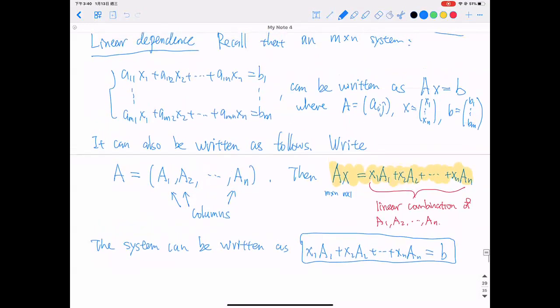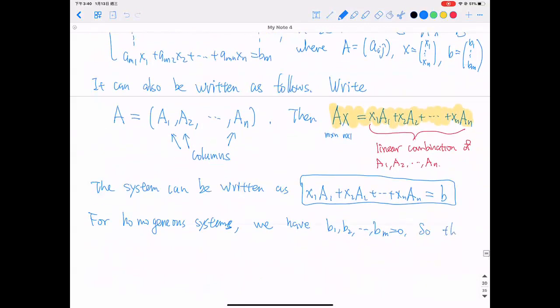Now for homogeneous systems, if the system is actually homogeneous, we have all the b's equal to 0.